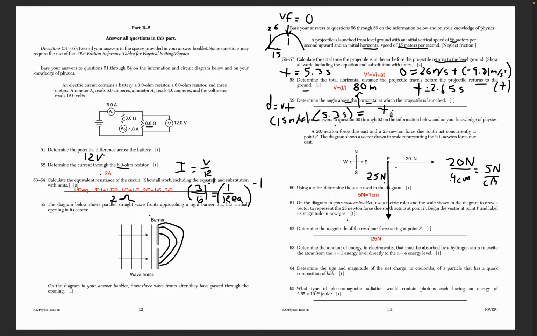Use inverse tangent of the vertical component a y over a x, which means the speed in the y direction divided by the speed in the x direction, which is equal to inverse tangent of 26 meters per second over 15 meters per second.